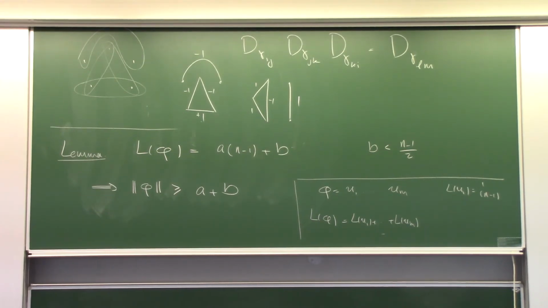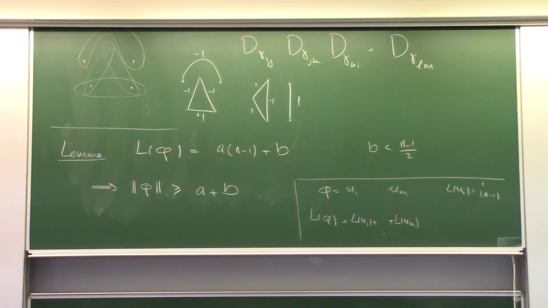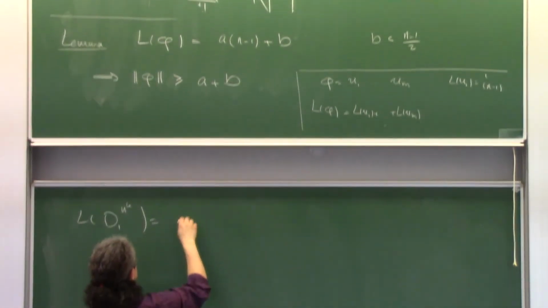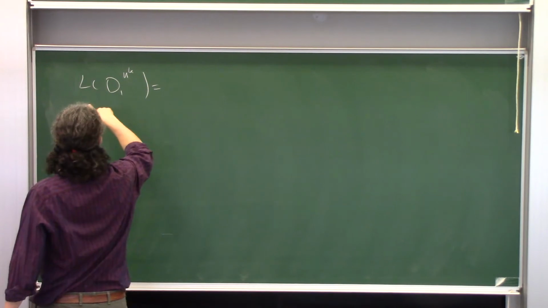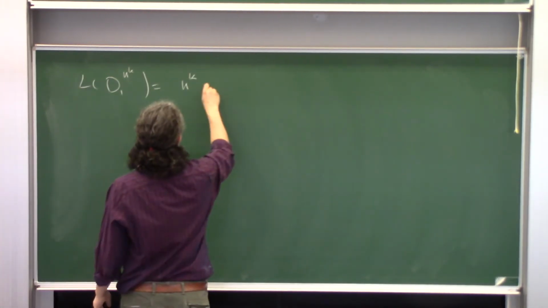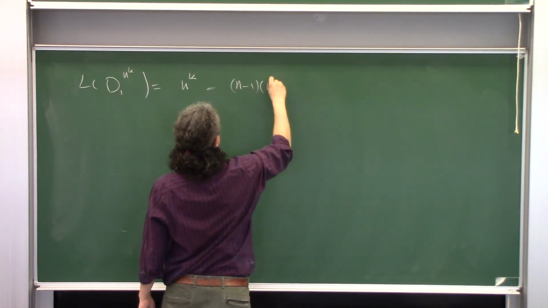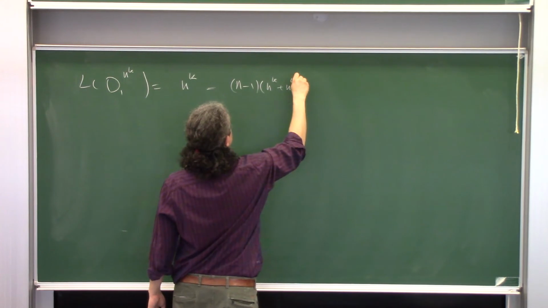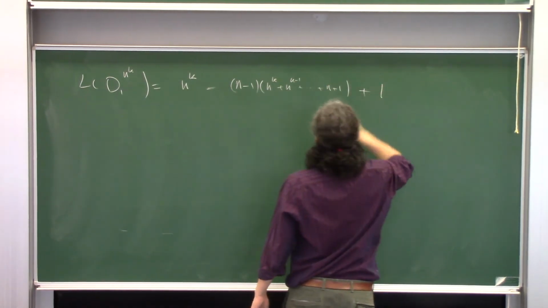So in particular, in the example that I have, that means L of this d1 to the power of n^k is equal to what? Well, it is equal to n to the k, because this is just 1. And I can write this as (n minus 1) times (n to the k minus 1 plus n to the k minus 2 all the way to plus n plus 1) and plus 1.